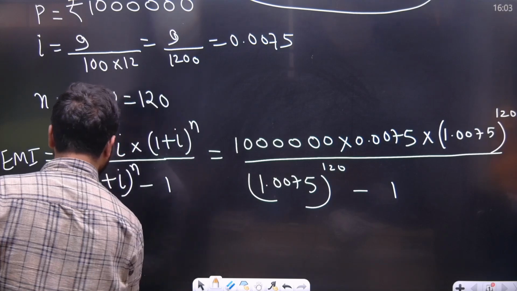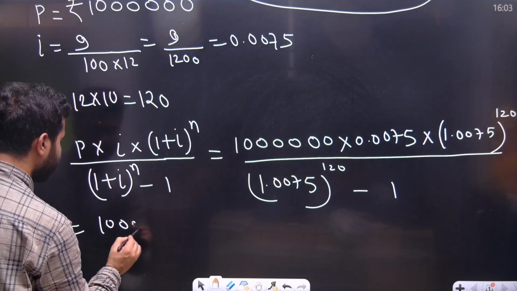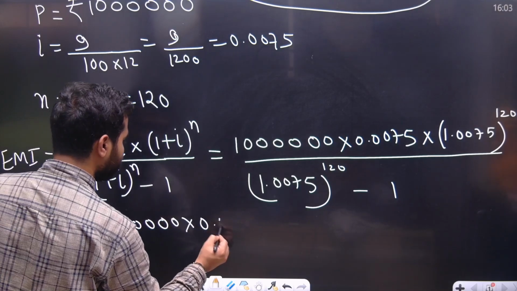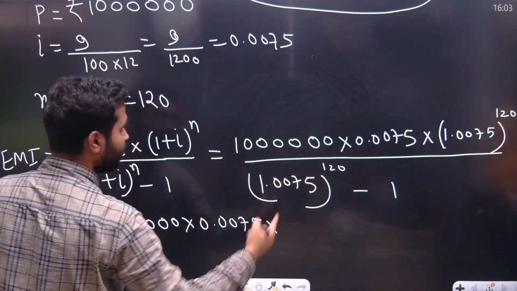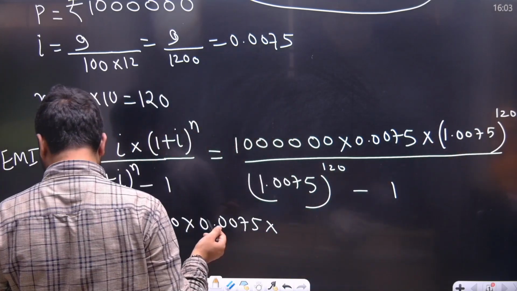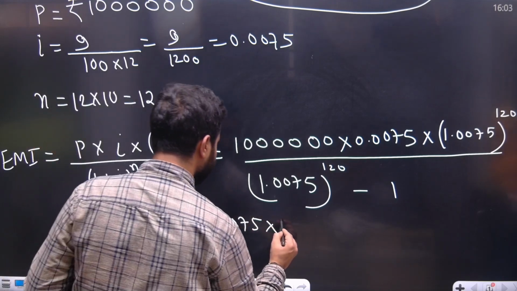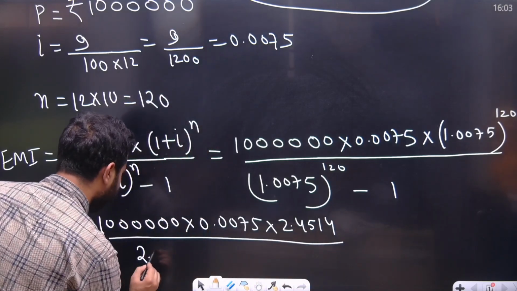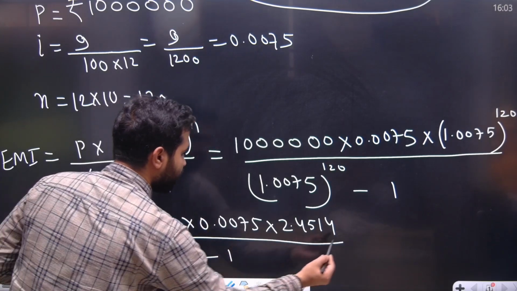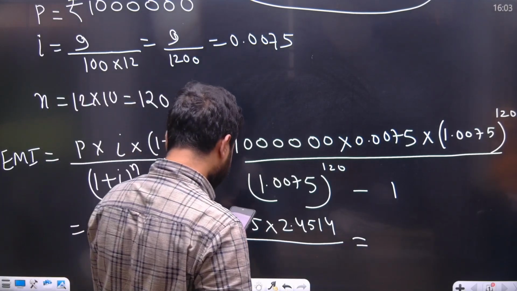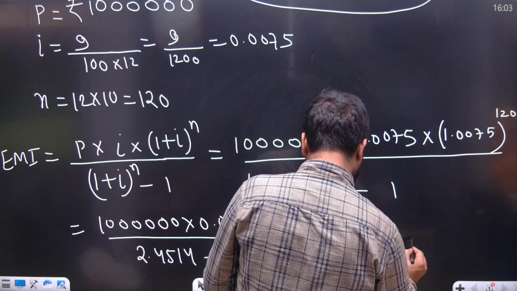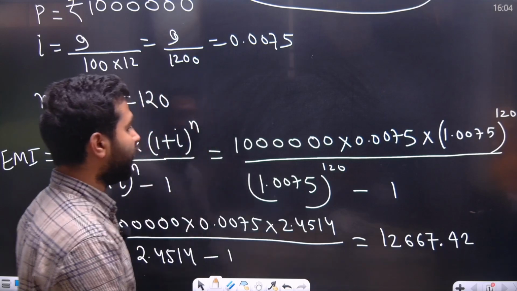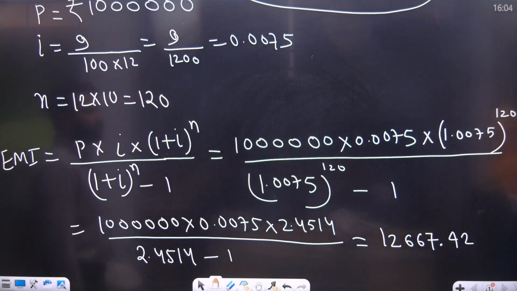Now put all the values. 10 lakh multiply 0.0075 and the value of 1.0075 whole to the power 120, it is given to you. It is 2.4514 divided by 2.4514 minus 1. When you solve this, you will get the value as 12,667.42. So this is your value of EMI that he has to pay every month to clear the loan.